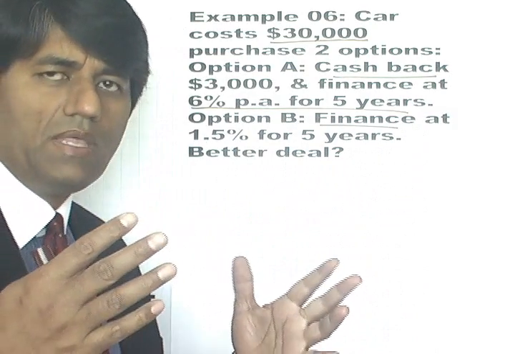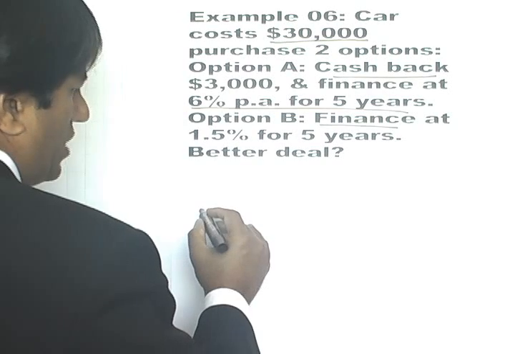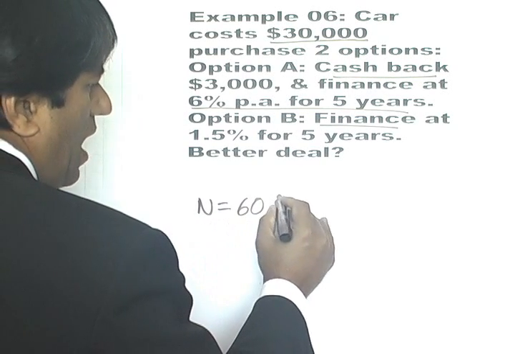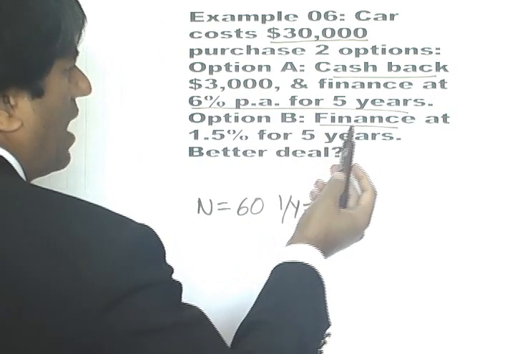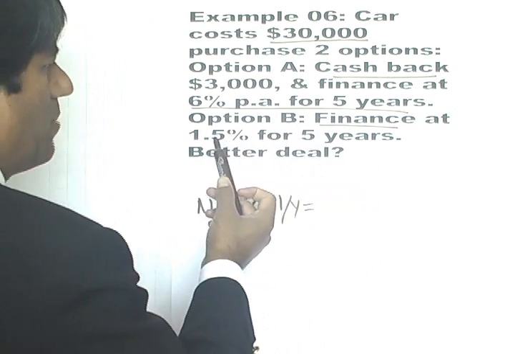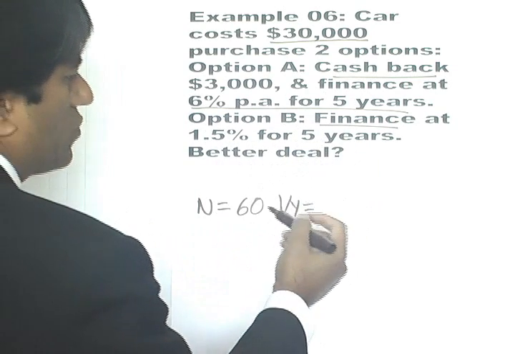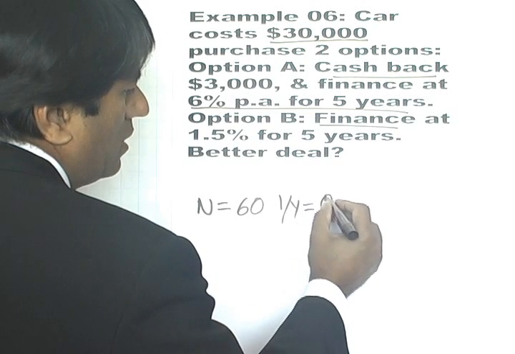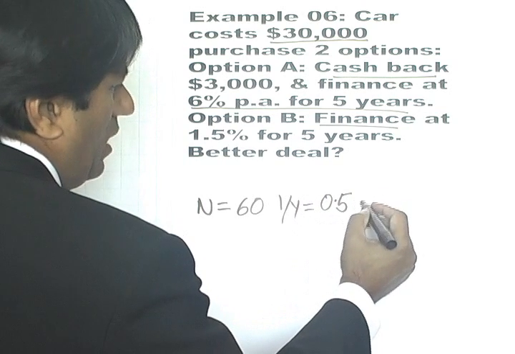Now you have an annuity, and in your financial calculator you can enter n equal to 60. I/Y is 0.5% monthly, so you enter I/Y equal to 0.5.